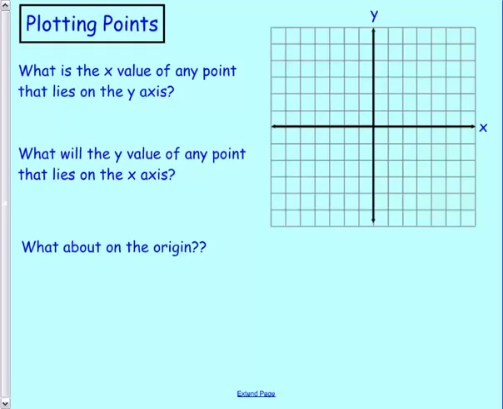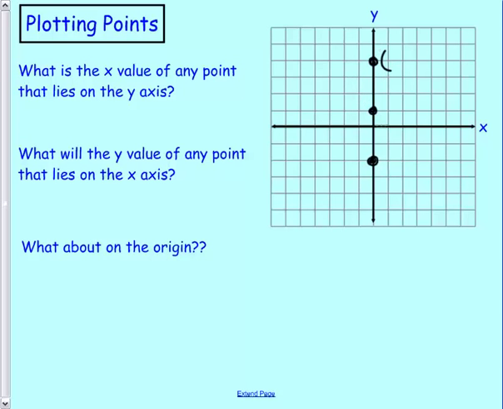Okay, so let's look at this. Plotting points. What is the x value of any point that lies on the y-axis? So if I put a point here, or here, or here, these all lie on the y-axis.